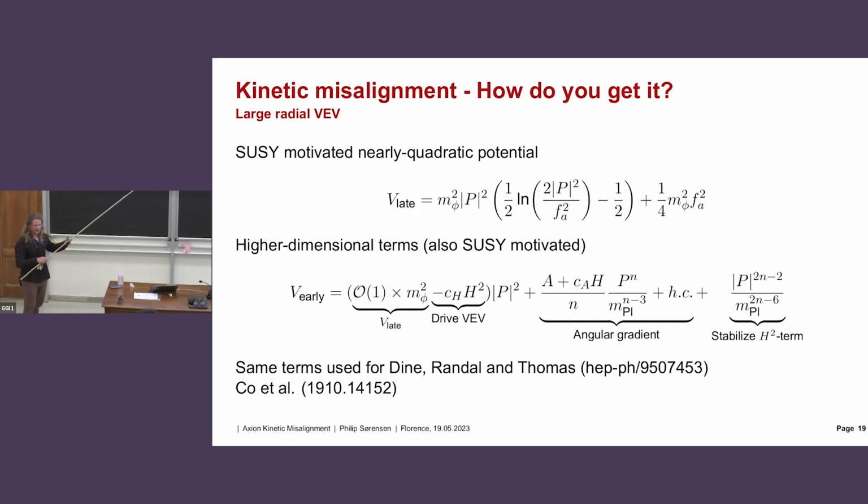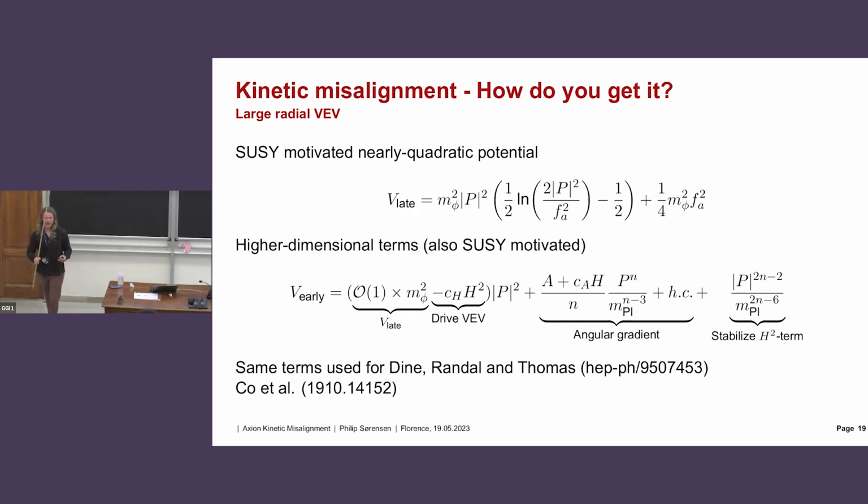And if you have this mass correction appearing with a negative sign, you can make the origin unstable at early times, driving you to a large value where you can stabilize against the higher dimensional terms. So at early times, you're really sitting in the minimum set between this negative contribution and the higher dimensional operators.